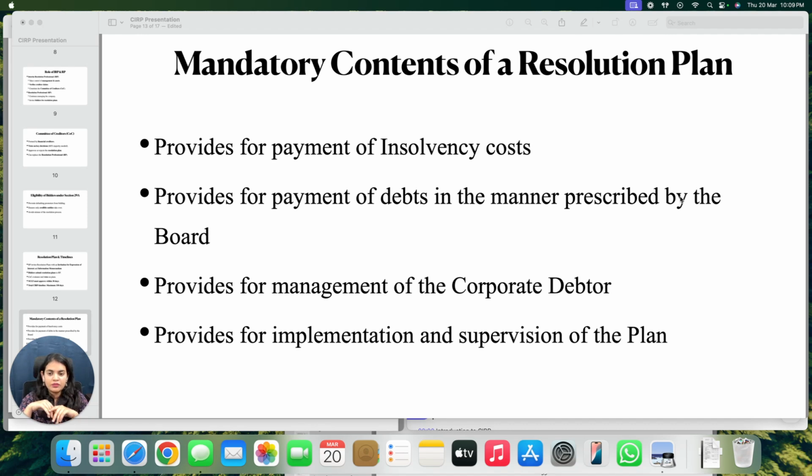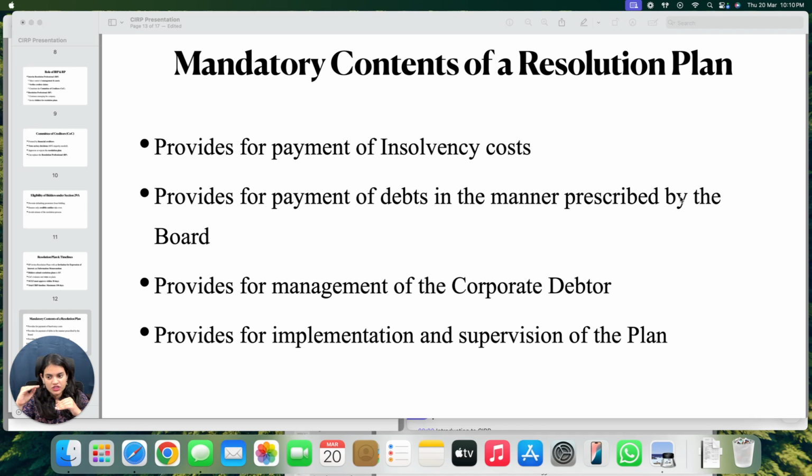Then it provides for payment of debts in the manner prescribed by the board. So under section 30, the core of the code, the board lays out the payment of debts of different stakeholders in a different manner.